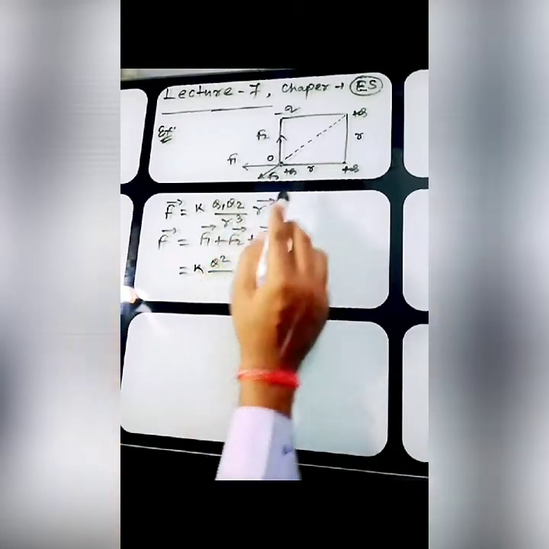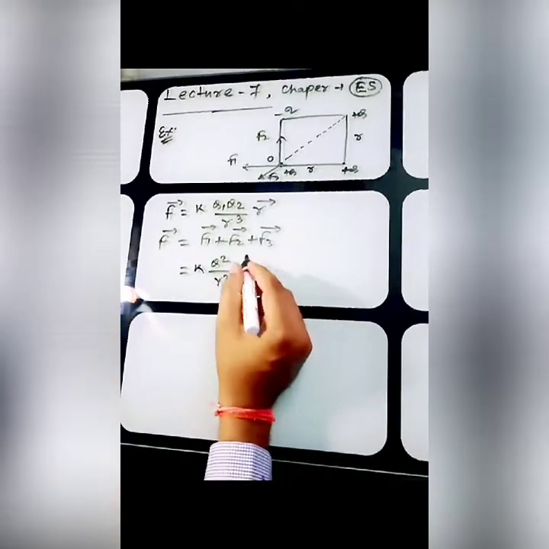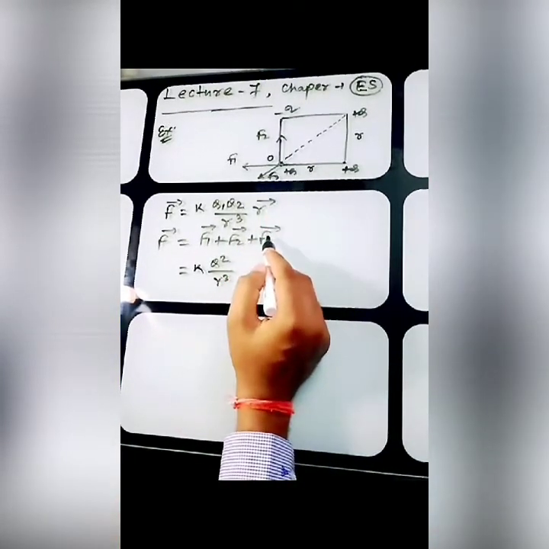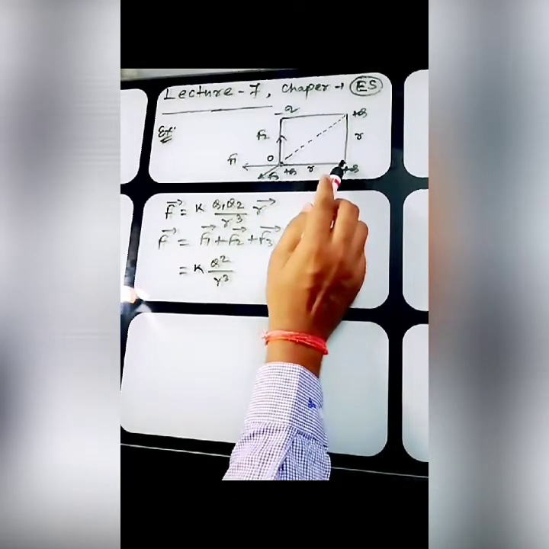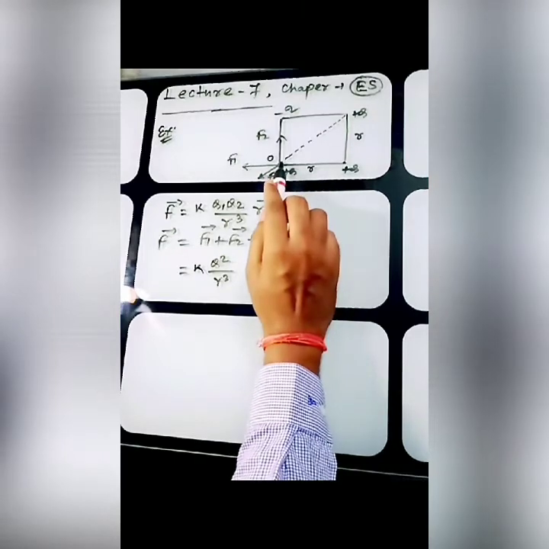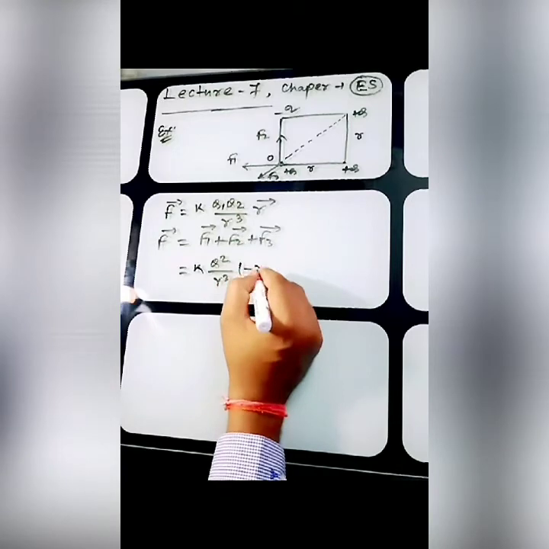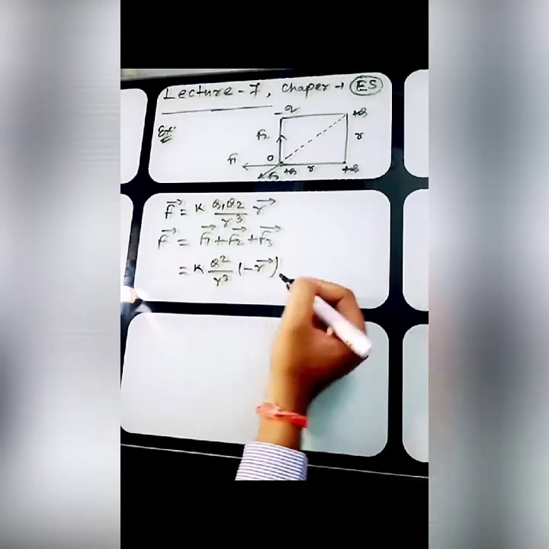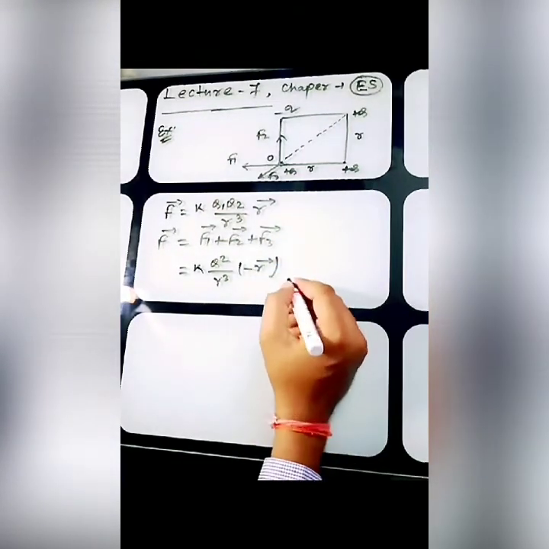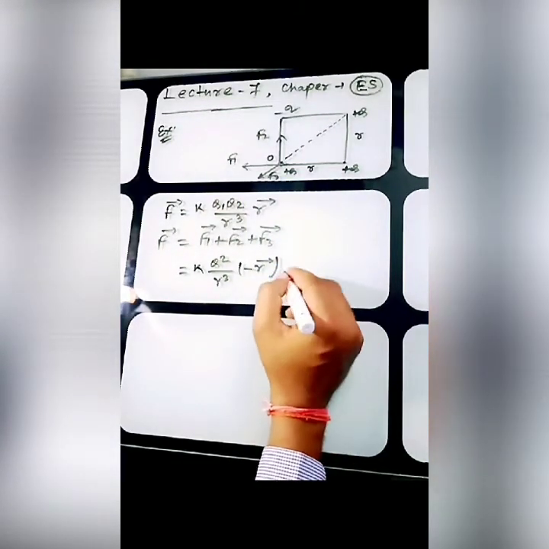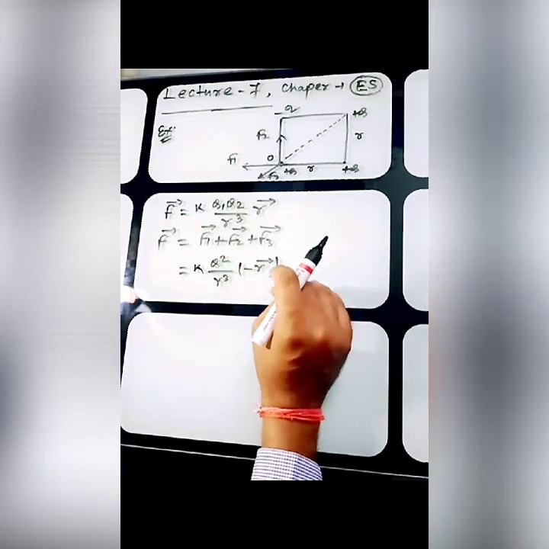divided by R cube. What is the distance here? The magnitude is R, so R cube, and the direction in vector form you have to write. The distance between these two you have to write in vector form, so it is the vector R. Remember, vector R. In unit vector form you can also write, and that would be very simple.